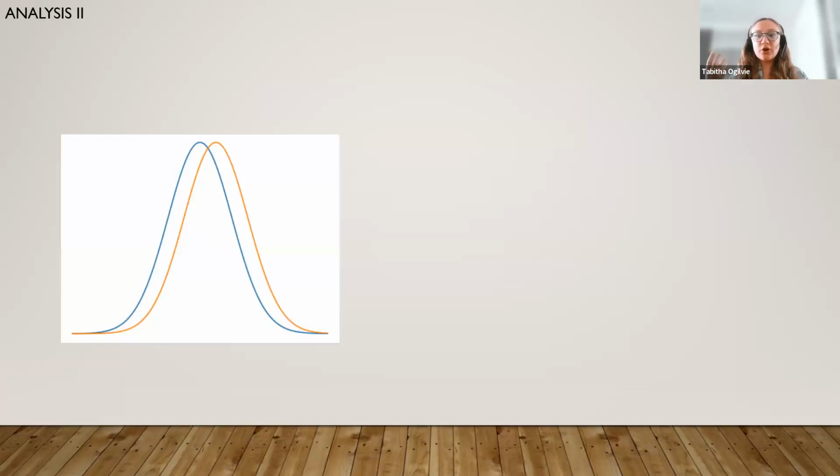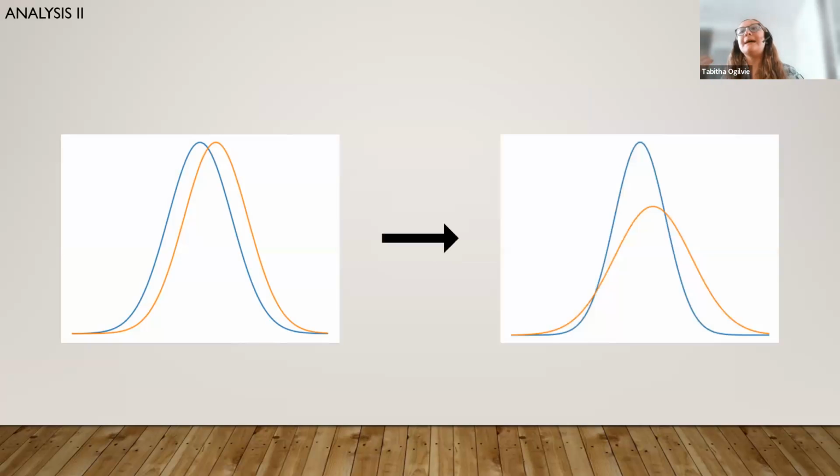Pictorially, if we think back to our original scenario, which was bounding how much you could tell whether you were on the blue or the orange curve, before we were looking at something like this, where we've just moved the mean. Now we're looking at a situation like this, where we've changed the variance as well as the mean. And this is going to make it harder.